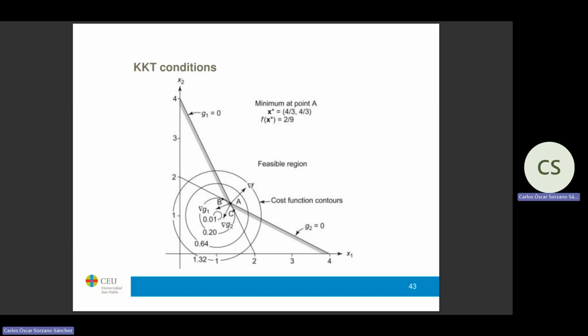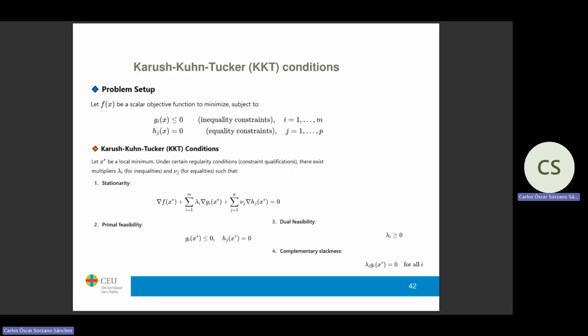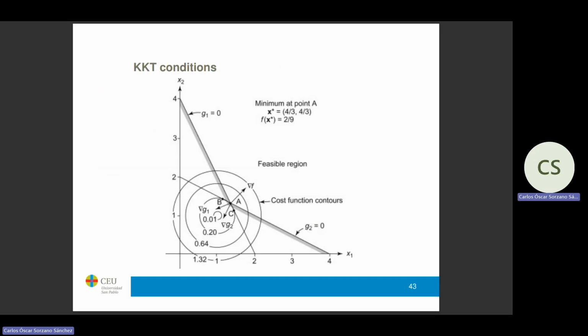The KKT conditions tell us that the gradient of the function has to be in the space spanned by the gradient of the constraints. So let's look for the gradient of the constraints. For this constraint, the gradient is the line perpendicular to it.